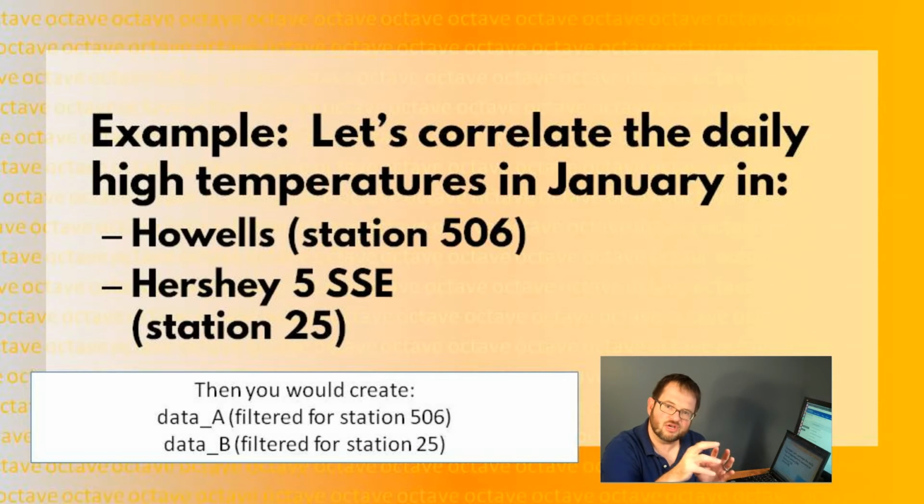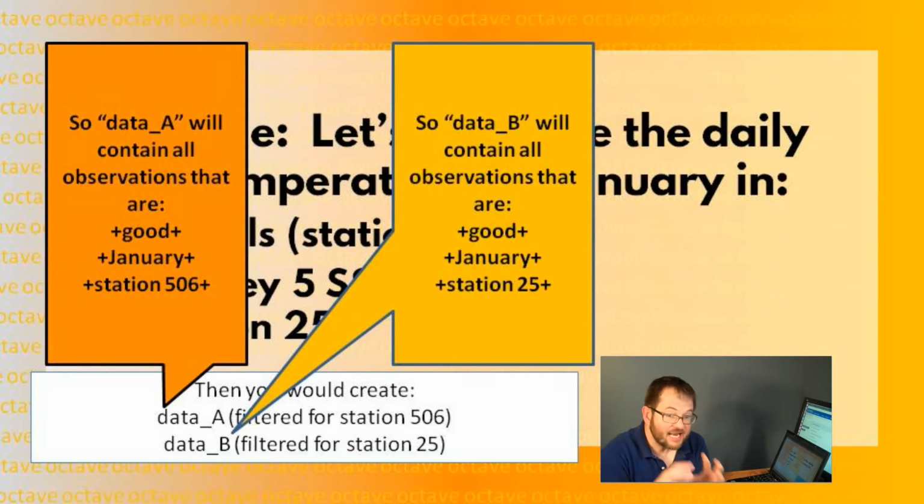So I've made one that I'm going to call Station A and one I'm going to call Station B. I've got the A data in one array, and the B data in another. This will happen just like that in Octave. Once you have been experimenting with these logical indexing database operations, you're going to be fine getting this done in no time.